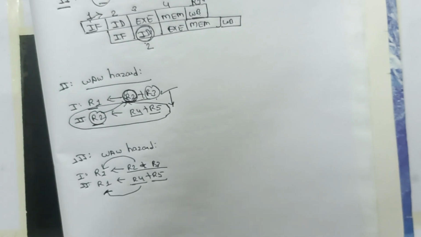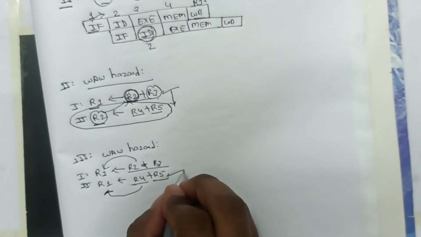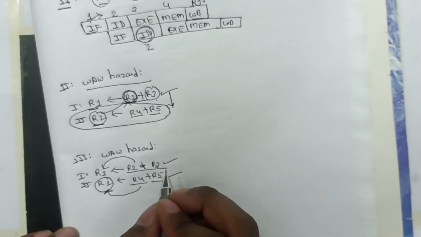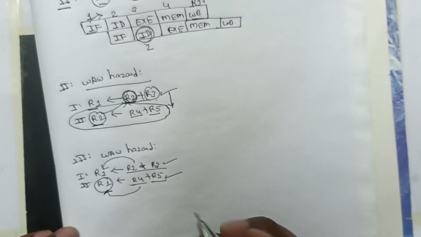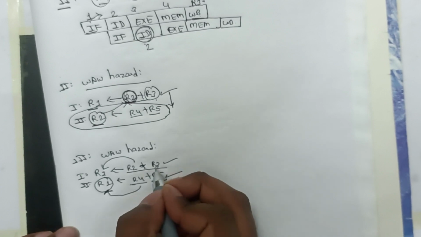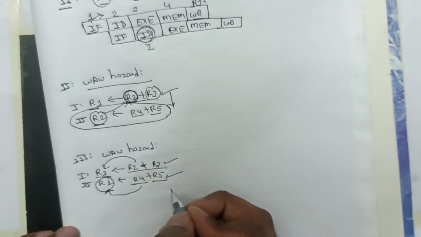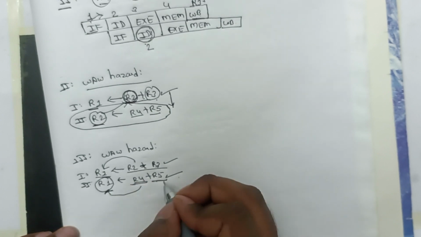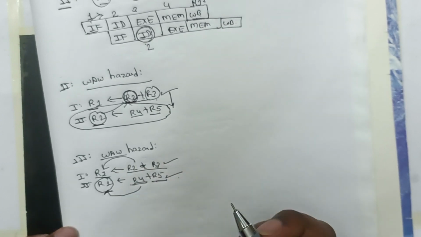If instruction 2 is executed before this, then the value of R1 is updated. But as per the rules, first R2 and R3 are multiplied and stored in R1, then R4 plus R5 are added and stored in R1. So because of this, the WAW hazard occurs.